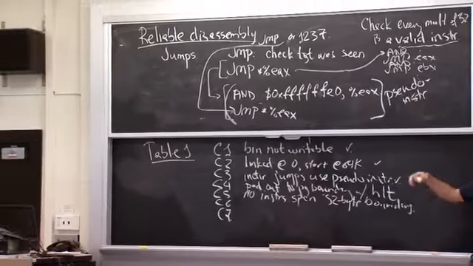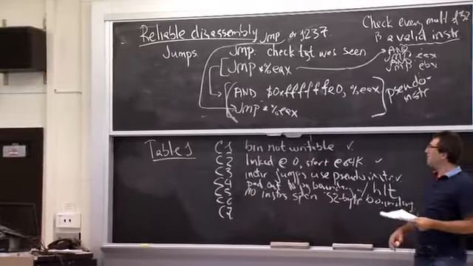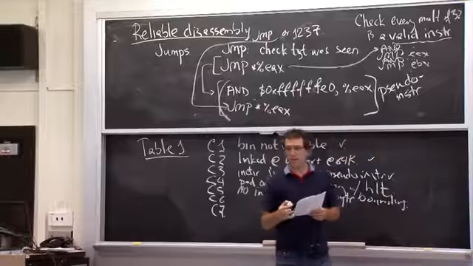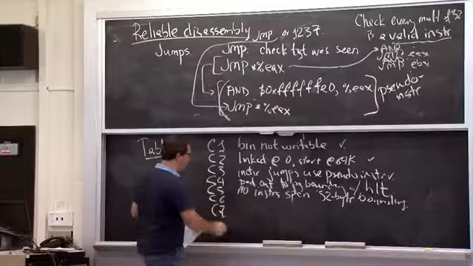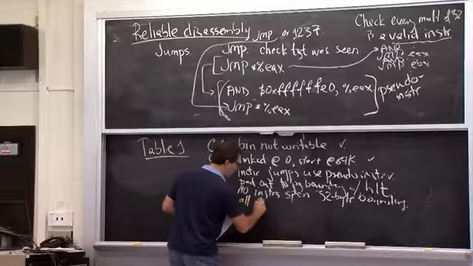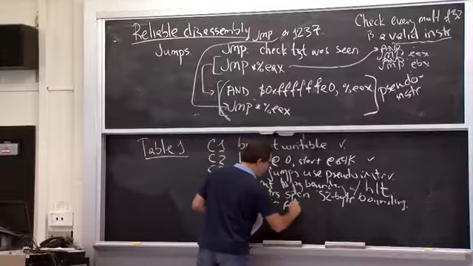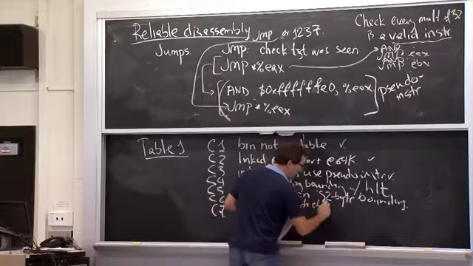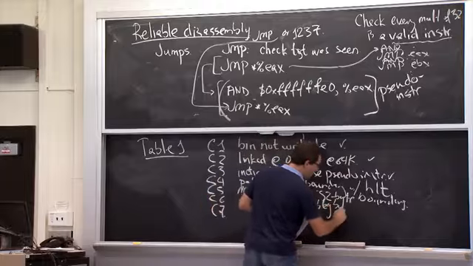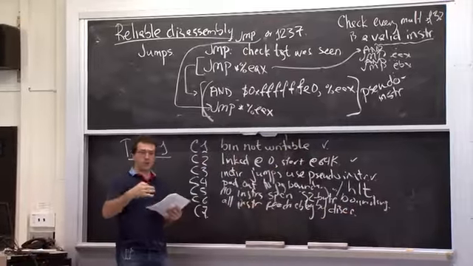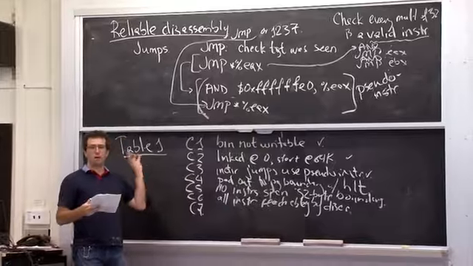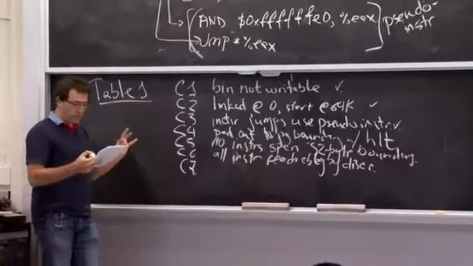Otherwise, we'll jump into the middle of an instruction and have the problem with that syscall that might be hidden there. OK. And then we have C6, which is basically all instructions reachable by disassembly from the start. So this ensures that we see every instruction. We can check every instruction that can possibly be run at runtime.